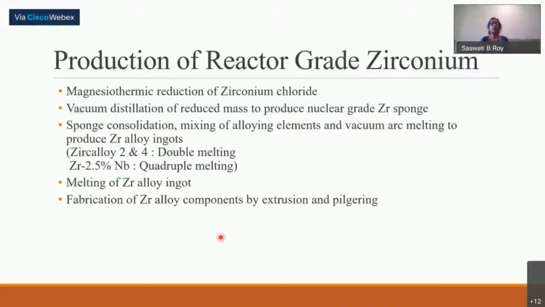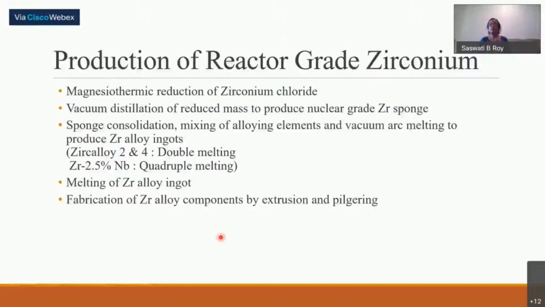And quite a few meltings are needed to get a homogenized product. After that, you get a homogenized billet of zirconium alloy, Zircaloy 2, 4, or zirconium, depending on the alloying element mixed with that. And now it is ready for fabrication of your zirconium components.